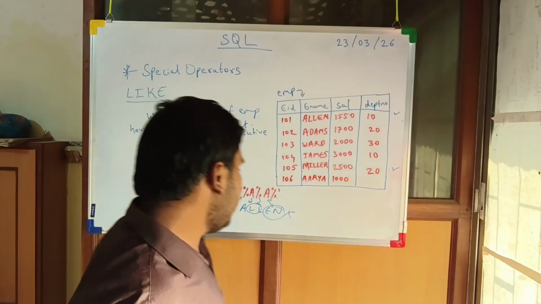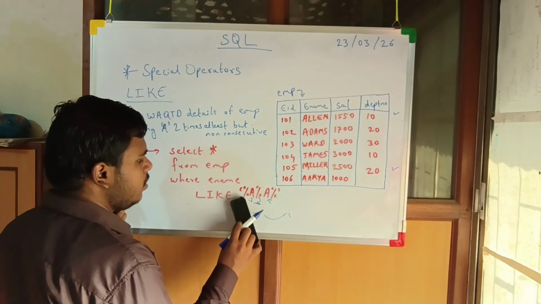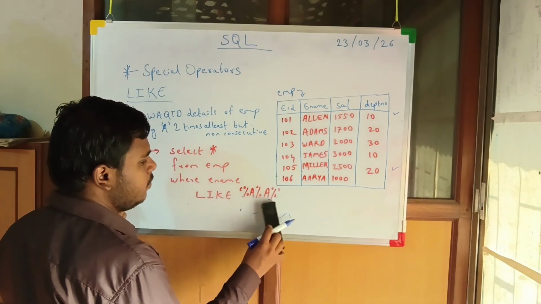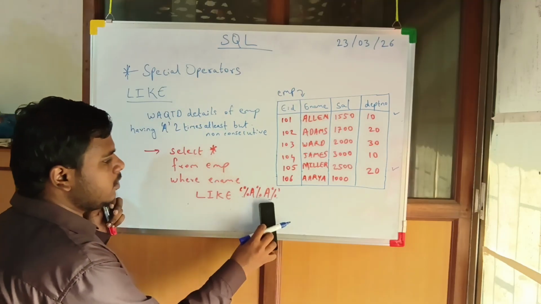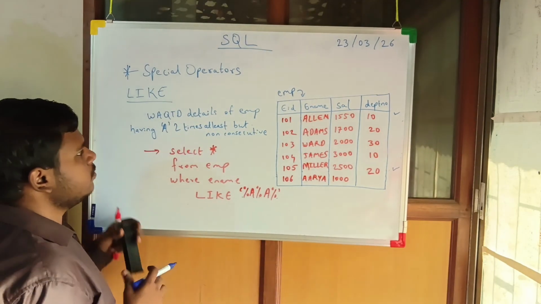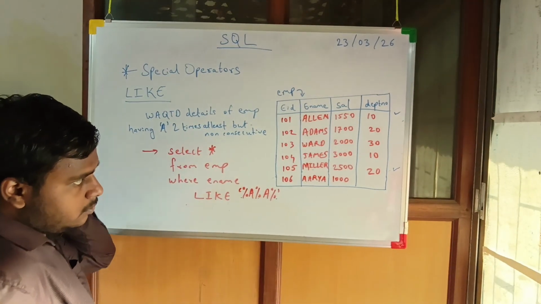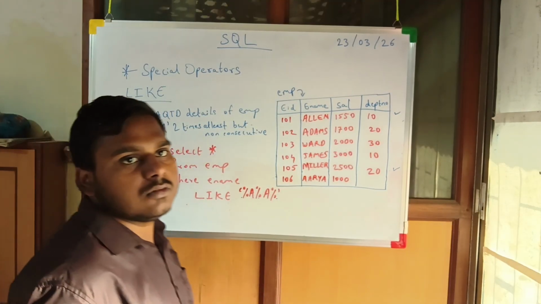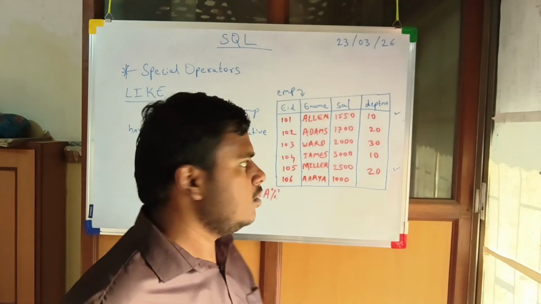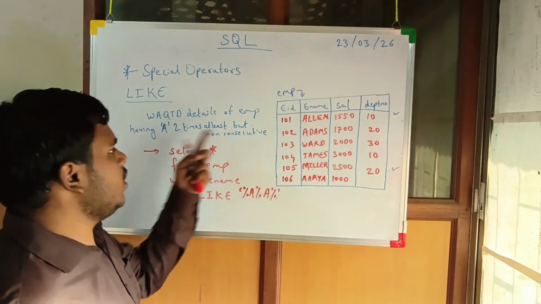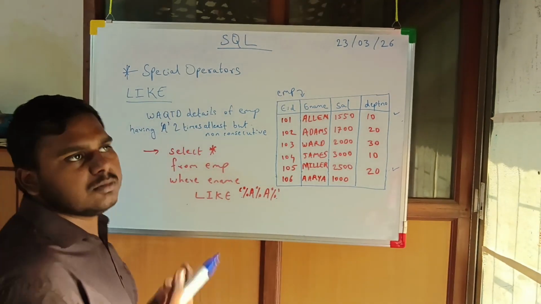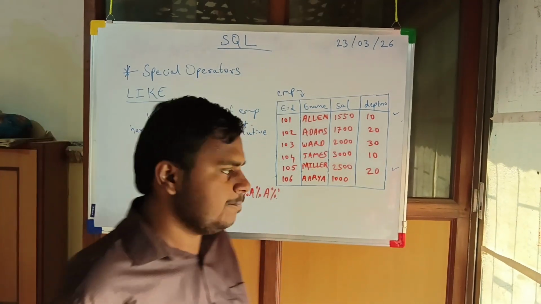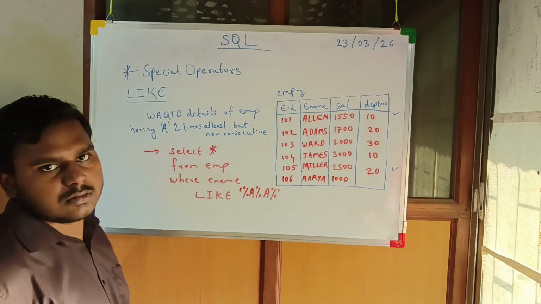So less than 2 A will be filtered out, but I want non-consecutive. 2 A is fixed, one condition is done, at least 2 A means minimum 2, more than 2 is also okay, but this consecutive I need to avoid.